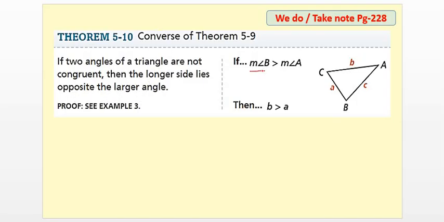So if angle B is greater than angle A, the side lying opposite to angle B, small b, will become greater than side A, because side A lies opposite to a smaller angle. It's very simple. If you have a larger angle, the side opposite to it will be large. If you have a smaller angle, the side opposite to it will be small.